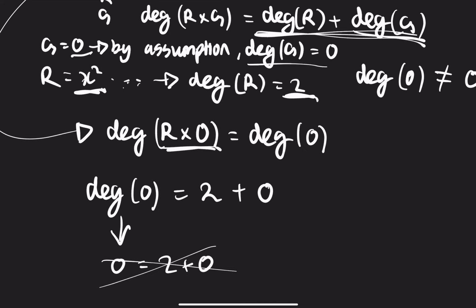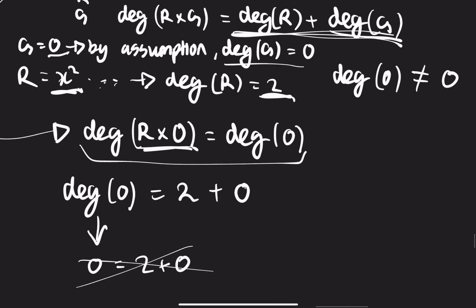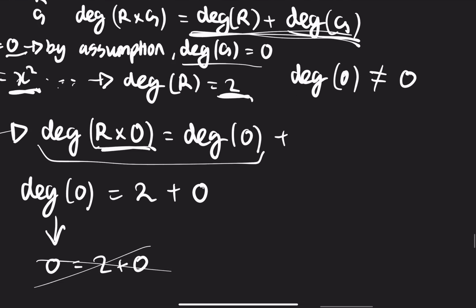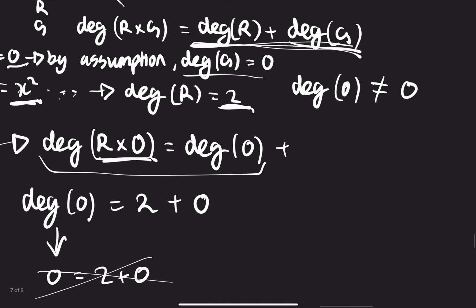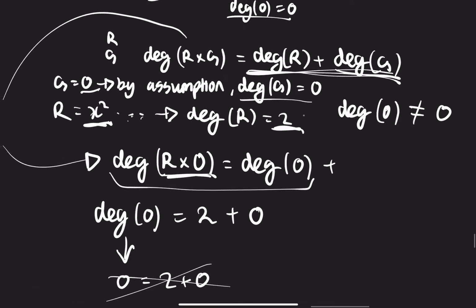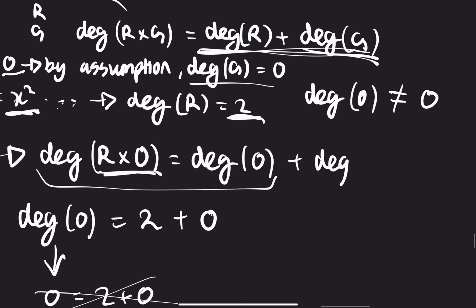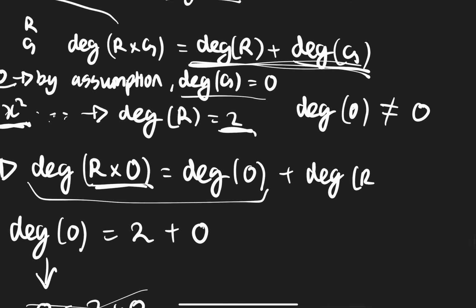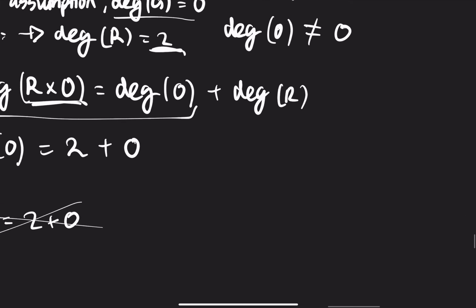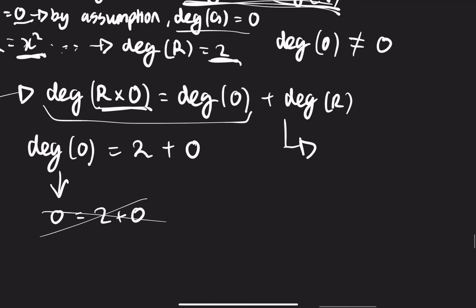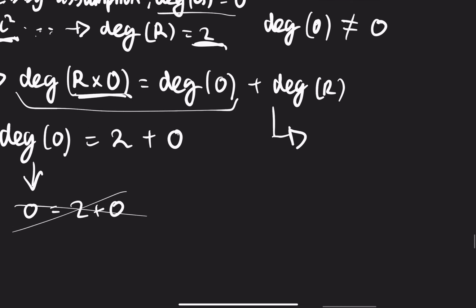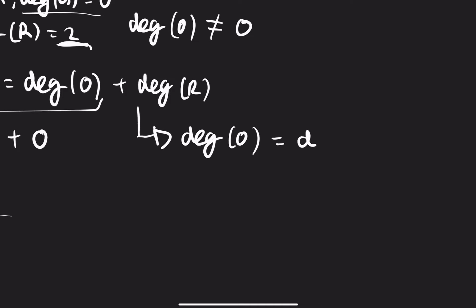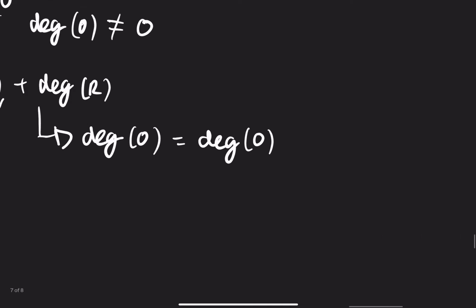So, going back to what we have here, we have degree of r times g, which is the degree of 0, is equal to the degree of g, which is 0, plus degree of r, which is 2. So, making it a bit nicer, we get r times 0 is 0, so degree of 0 is equal to degree of 0 plus degree of r, which we've said is 2.